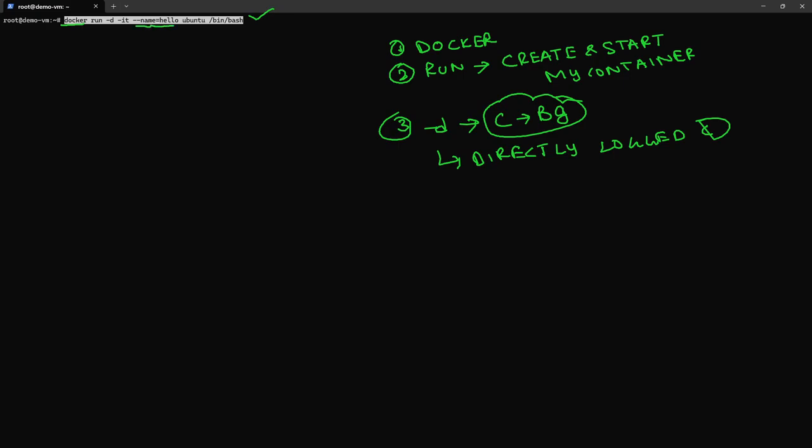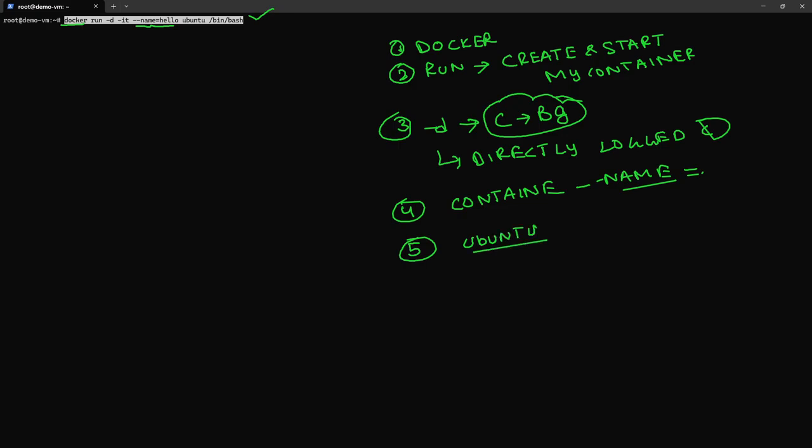What is the next option which we have mentioned? We have mentioned --name=hello. So we need to pass the container name, and to pass the container name we have to mention hyphen hyphen name and then the value. And the fifth one I have mentioned here is ubuntu.